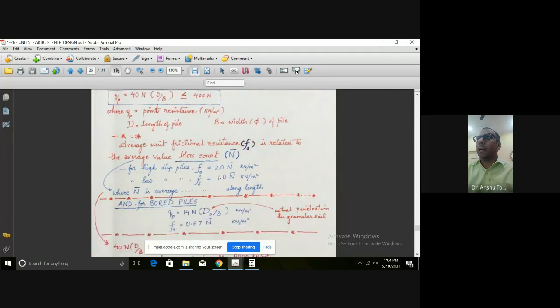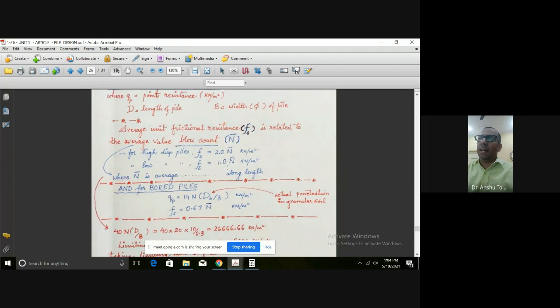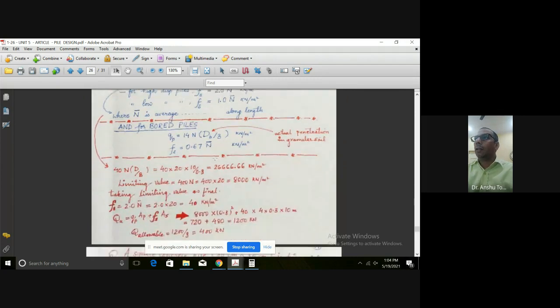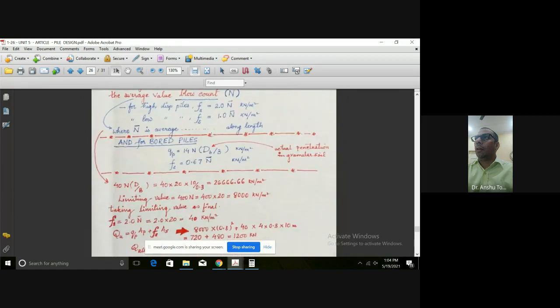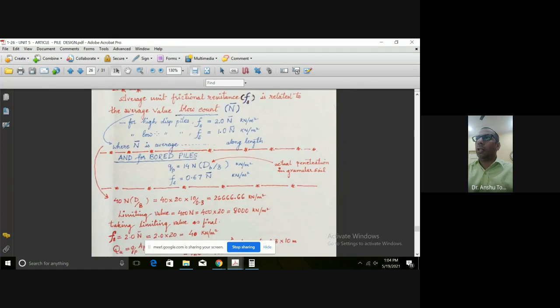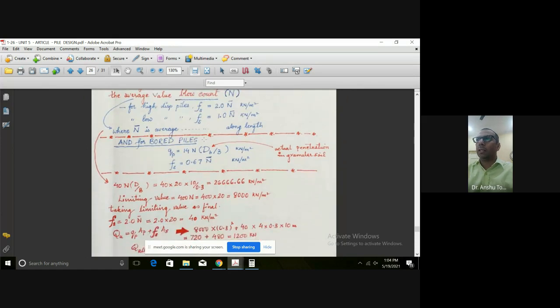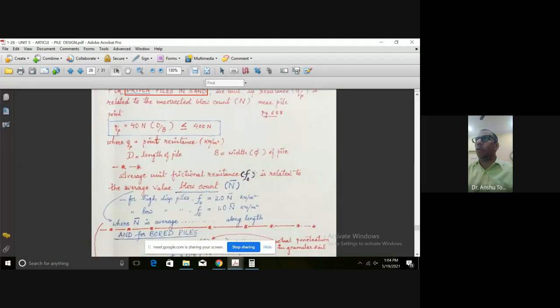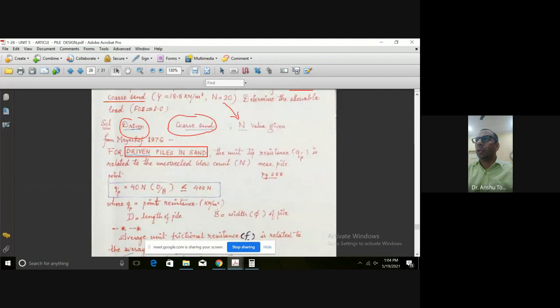Next, the average unit frictional resistance is related to the average blow count N bar, which we will take the same as the N value given here, 20.